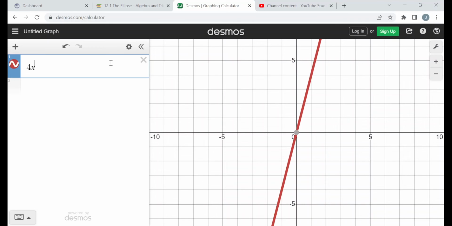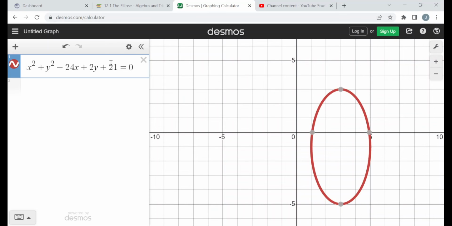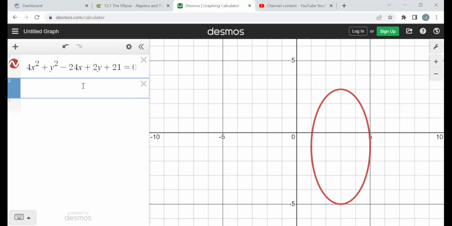So the equation we were given was 4x squared plus y squared minus 24x plus 2y plus 21 equals 0. There's an ellipse, and the center should be at 3, negative 1.